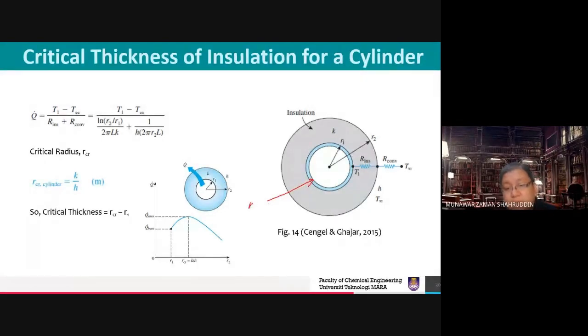neglected lah. Maksudnya R untuk pipe tu is very low. Ataupun mungkin ada certain tu dia lebih kepada application wire sebenarnya, heating ataupun heat from wire.